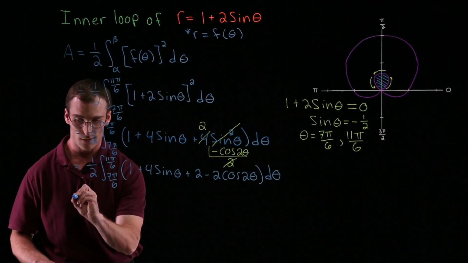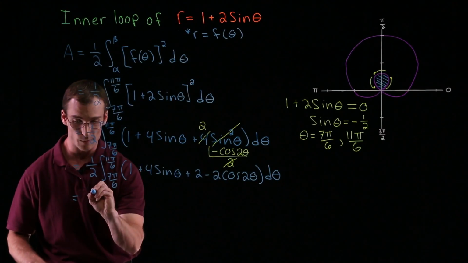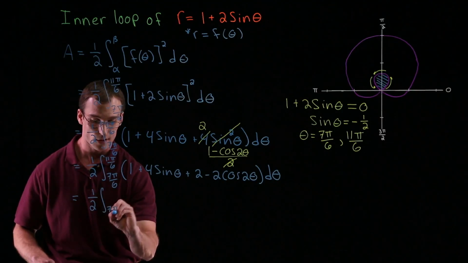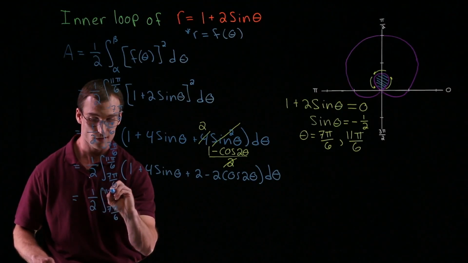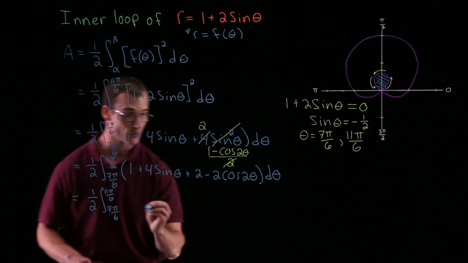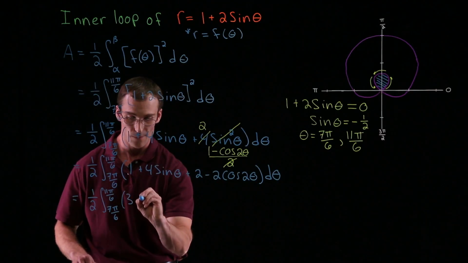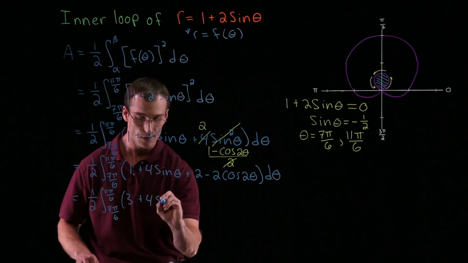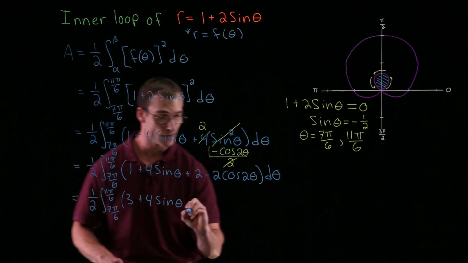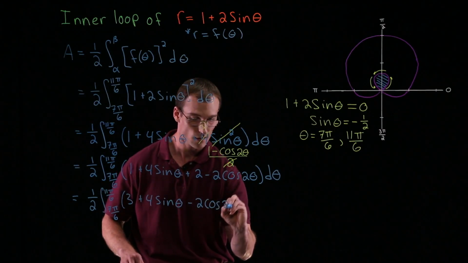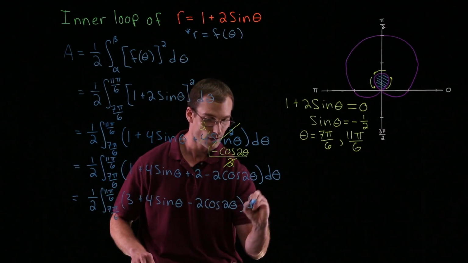Okay, and put things together just a little bit more. So we have 1/2 times the integral, 7 pi over 6 to 11 pi over 6. So our constant 2 plus 1 will give us 3 plus 4 sine theta minus 2 cosine of 2 theta and d theta.